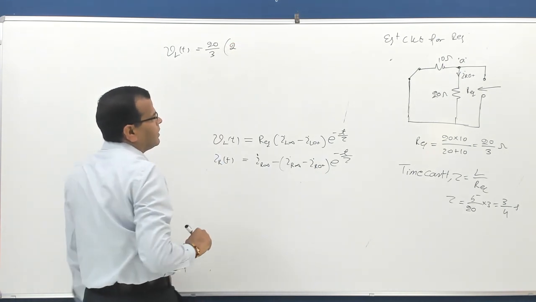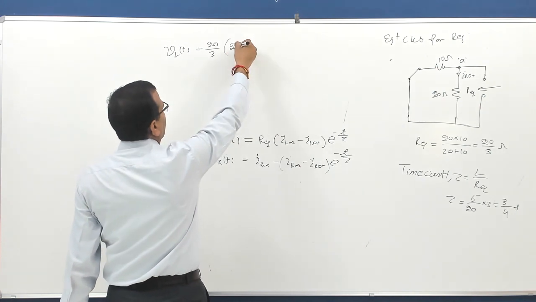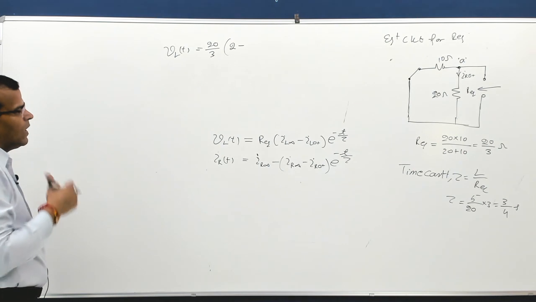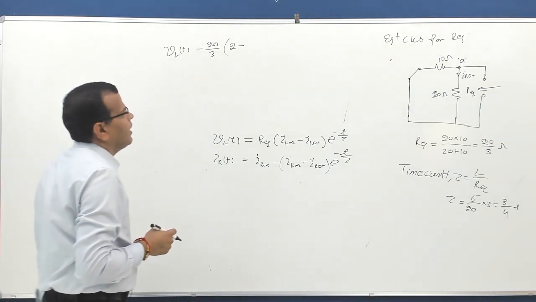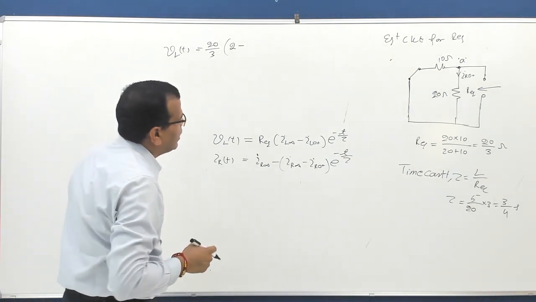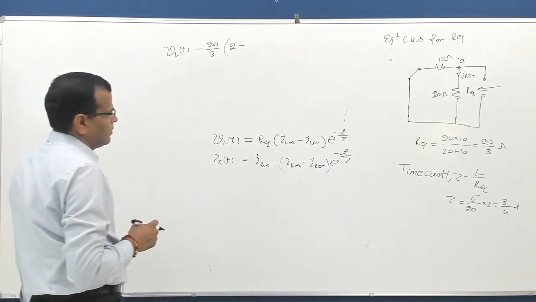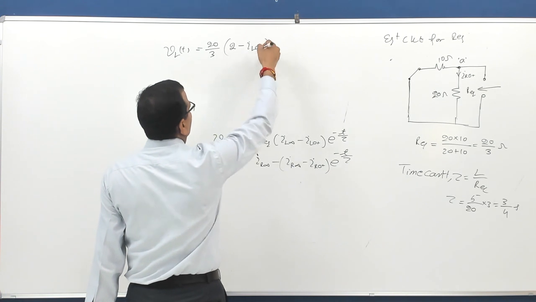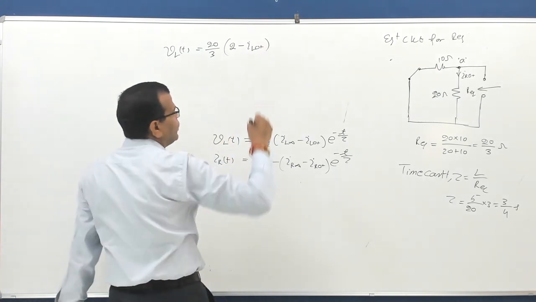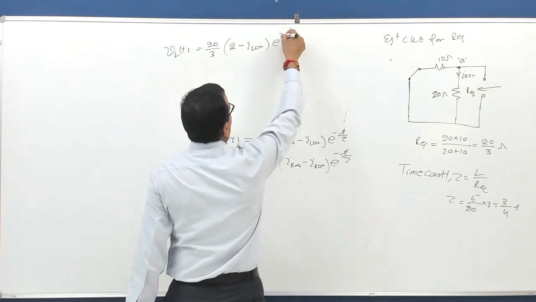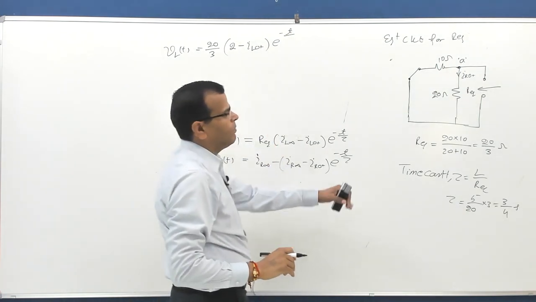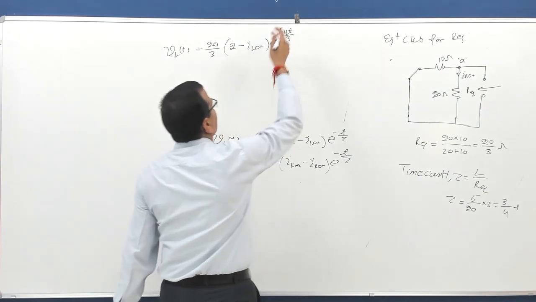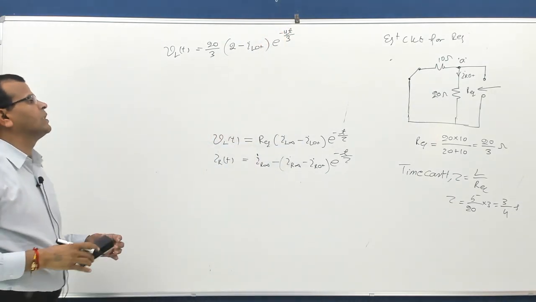We have seen that was 2 ampere, minus IL 0 plus, the value of IL 0 plus we have already seen) into e raised to power minus t by tau. And what is tau? 3 by 4 s. So 3 will be in the denominator, 4 will be there.